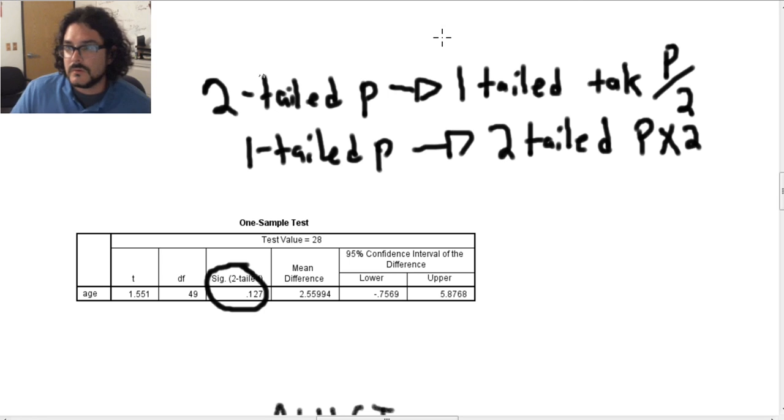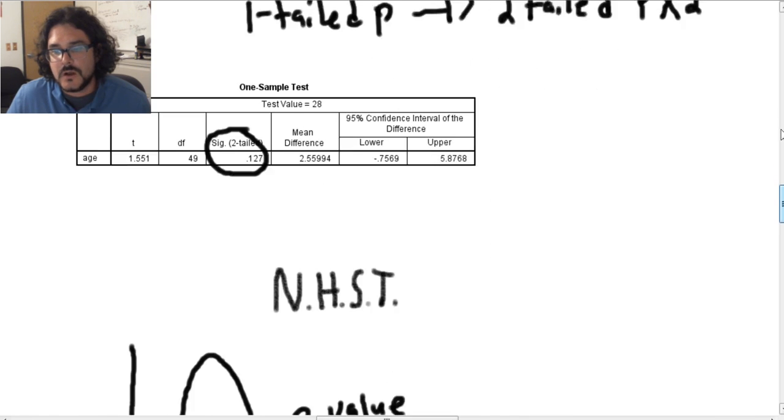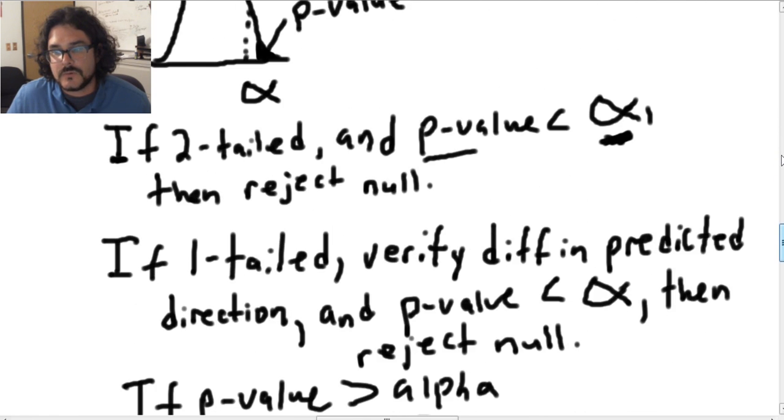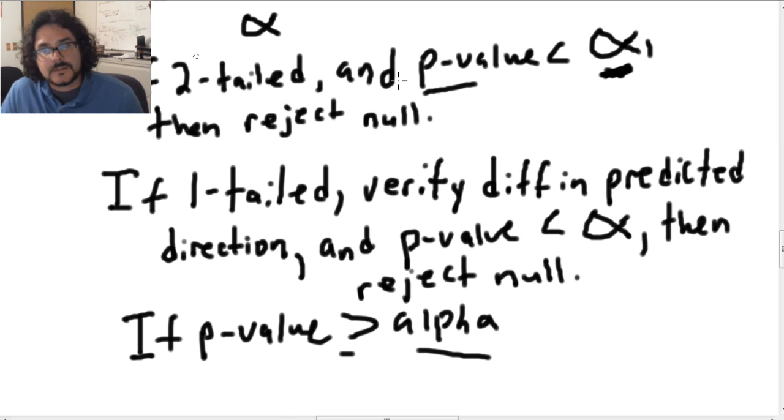So I'm trying, to the extent possible and reasonable, to simplify the interpretation of the p-values relative to alpha. And it's actually pretty straightforward. I mean, granted, it's not the most straightforward and logical process in the world.